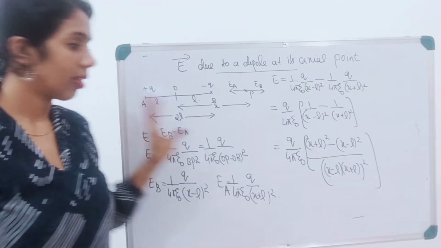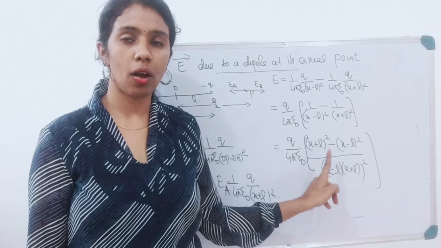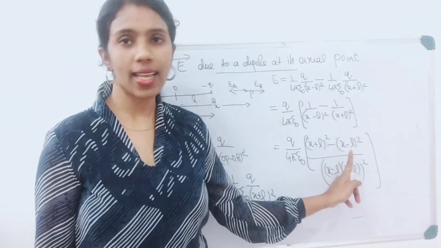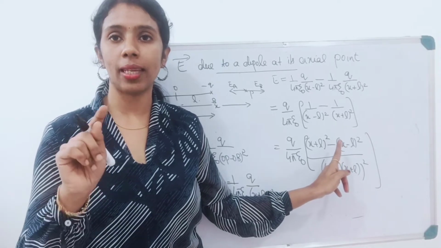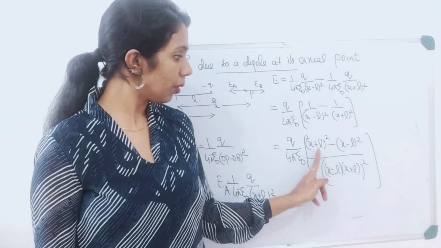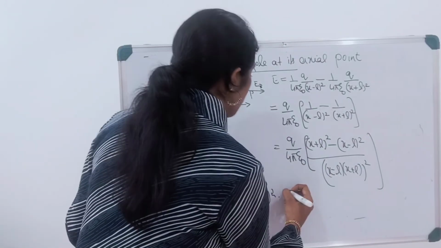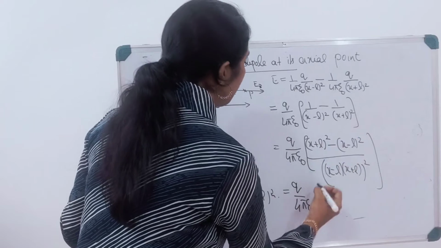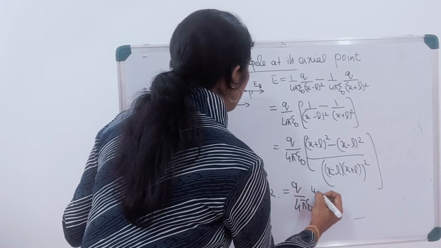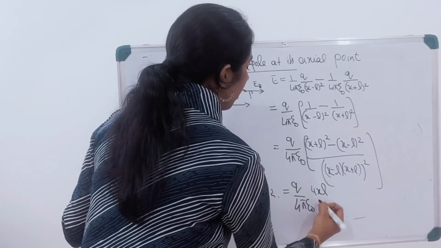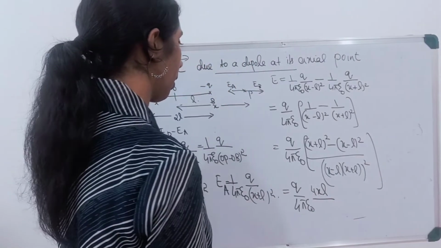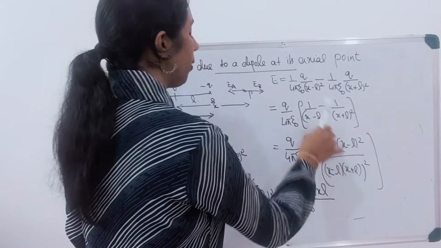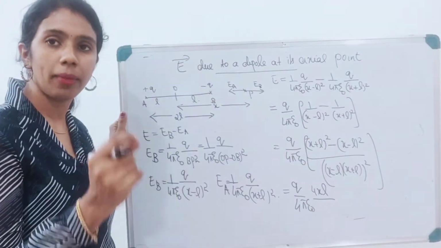Here we can expand x plus L the whole square using the identity a plus b the whole square. x minus L the whole square can be expanded using a minus b the whole square. So by simplifying, the numerator becomes 4xL, divided by, a minus b into a plus b is nothing but a square minus b square.